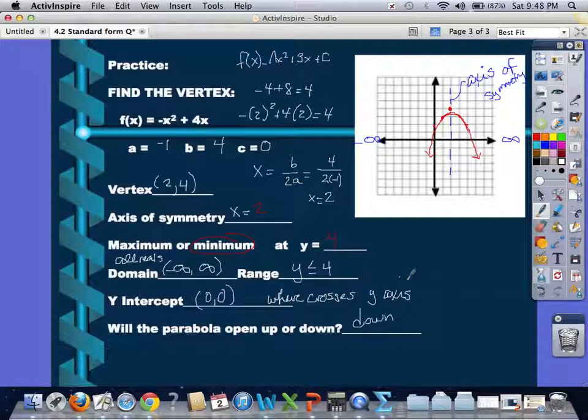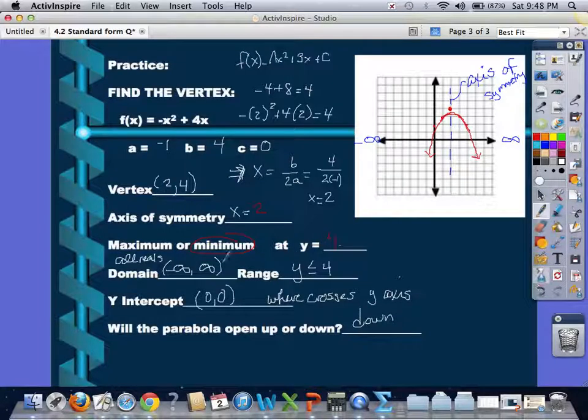Okay? All right, so does it make sense? Once you have the vertex, and that's from plugging into your axis of symmetry formula right here, you've got your x. You take that and put it back into your original equation and solve for y, and that'll give you your y coordinate. So once you have the vertex, that's going to be your axis of symmetry equation and your max or min equation, y equals.